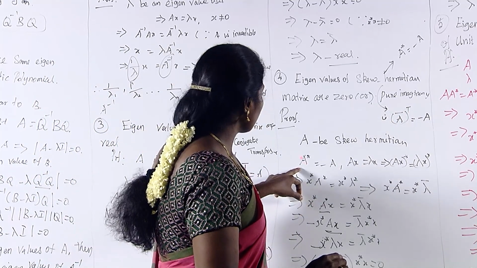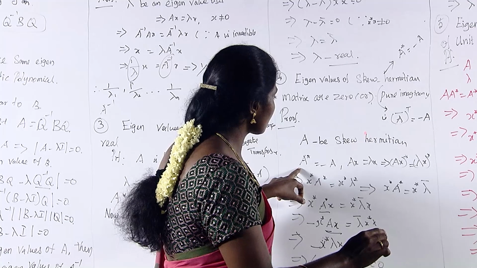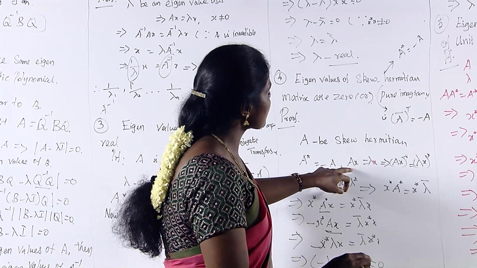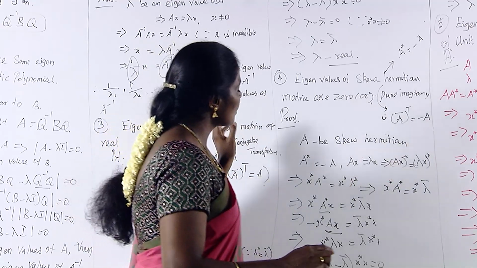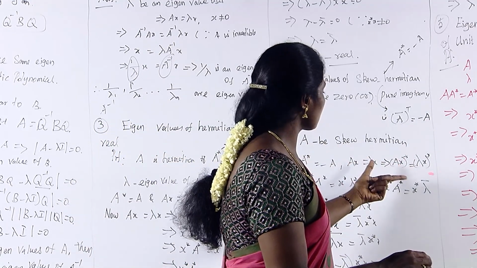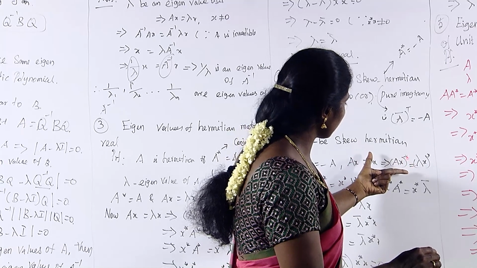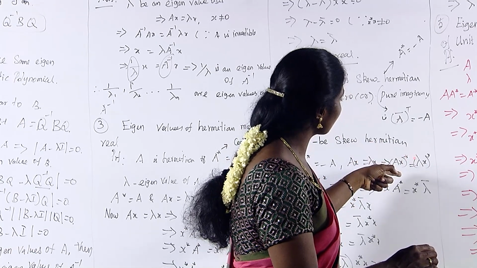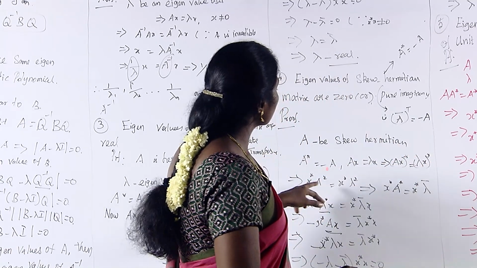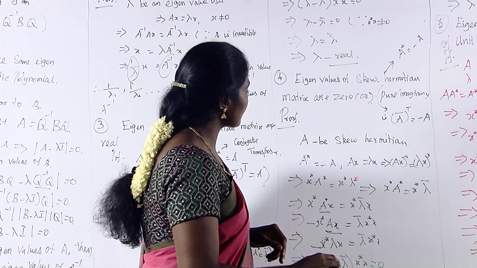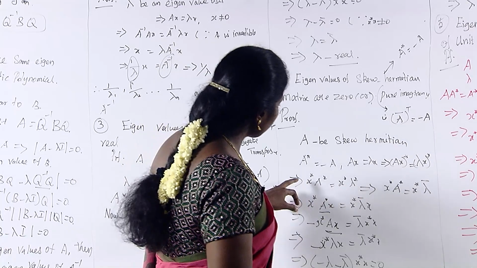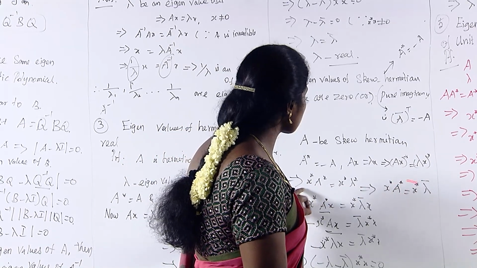Now, A star equal to minus A, this is the definition of skew Hermitian matrix, and Ax equal to lambda x, because lambda is an eigenvalue. Now, I am taking conjugate transpose on both sides, that is the conjugate of Ax is lambda bar x bar. According to the property of star, we can write x star A star equal to x star lambda star, and here x star lambda star equal to x star lambda bar.